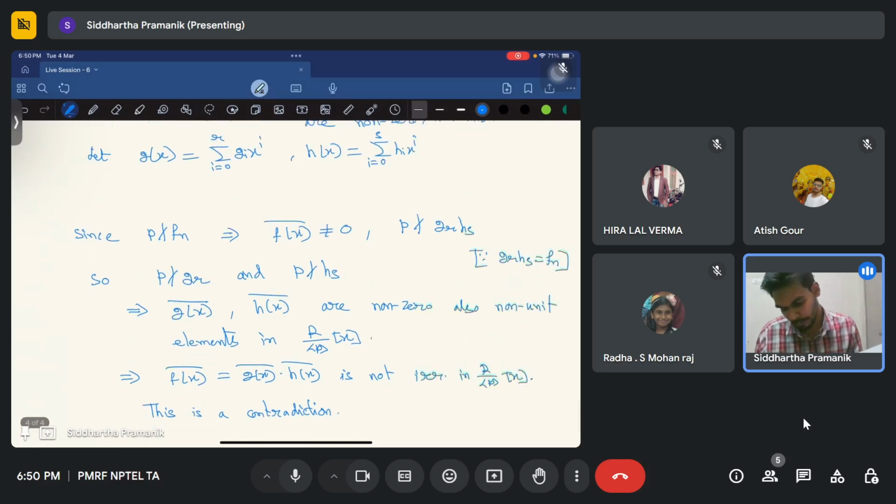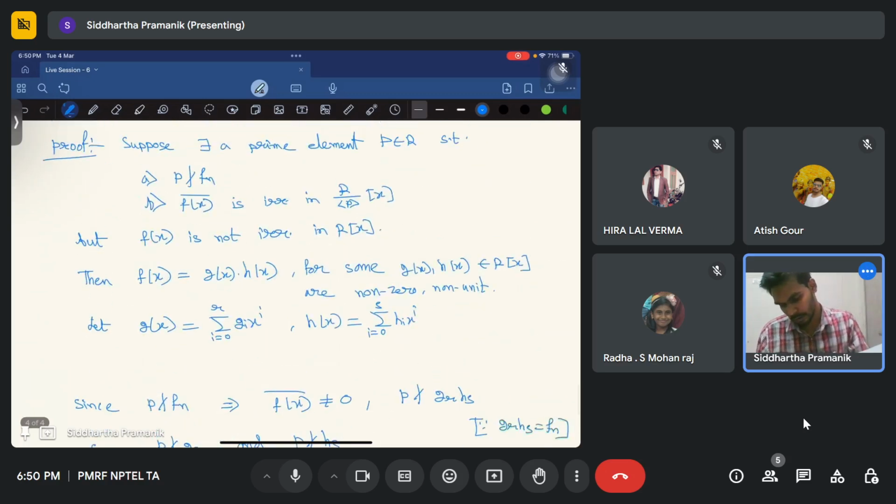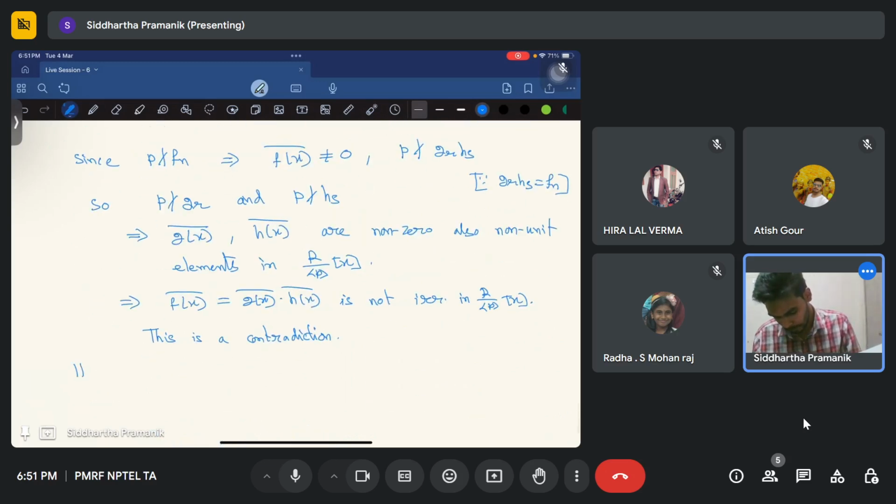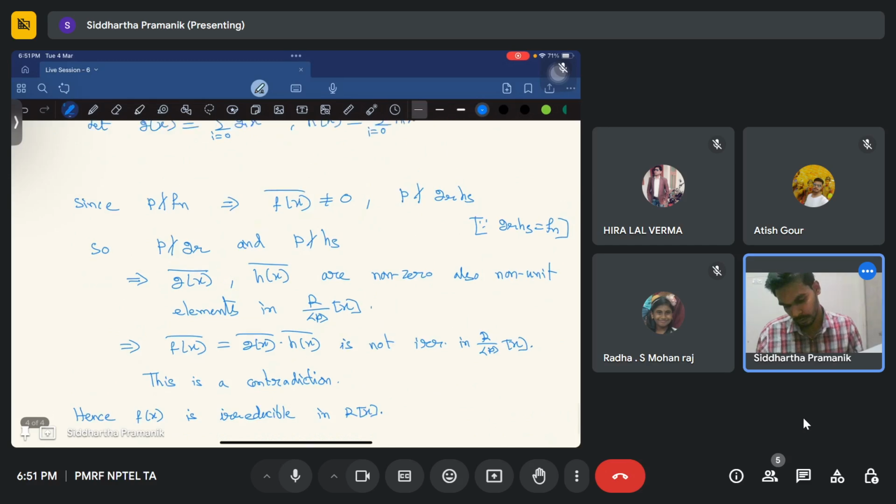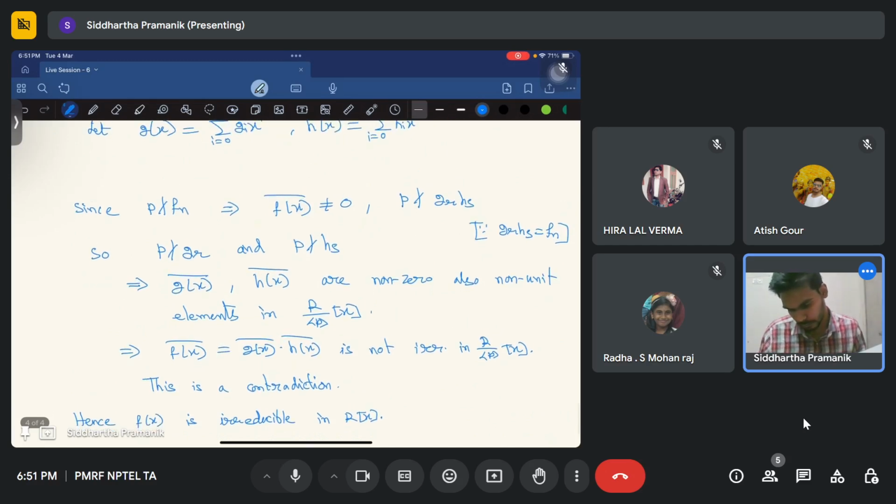So our claim is wrong. So what we have assumed is wrong. So that means fx must be irreducible in R of x. Hence, fx is irreducible in R of x. So, is the proof clear?